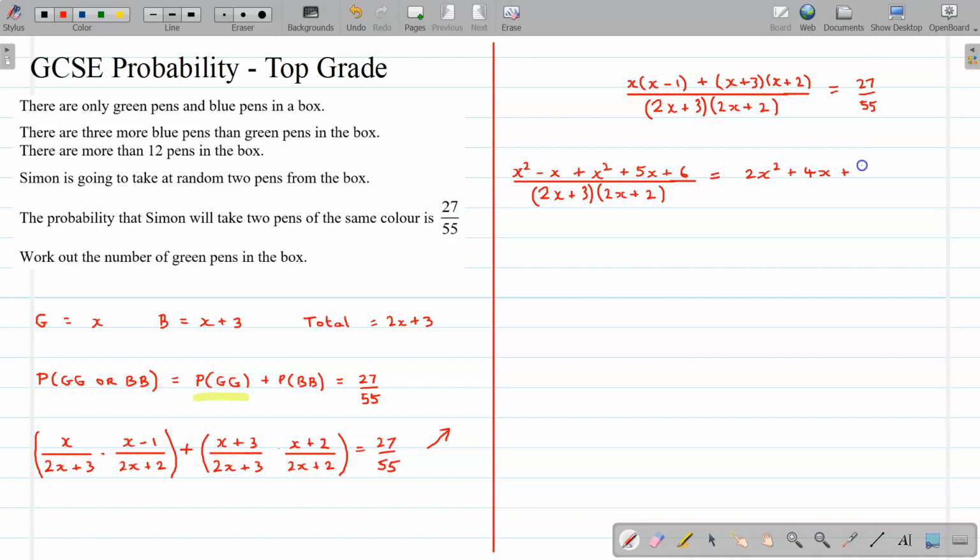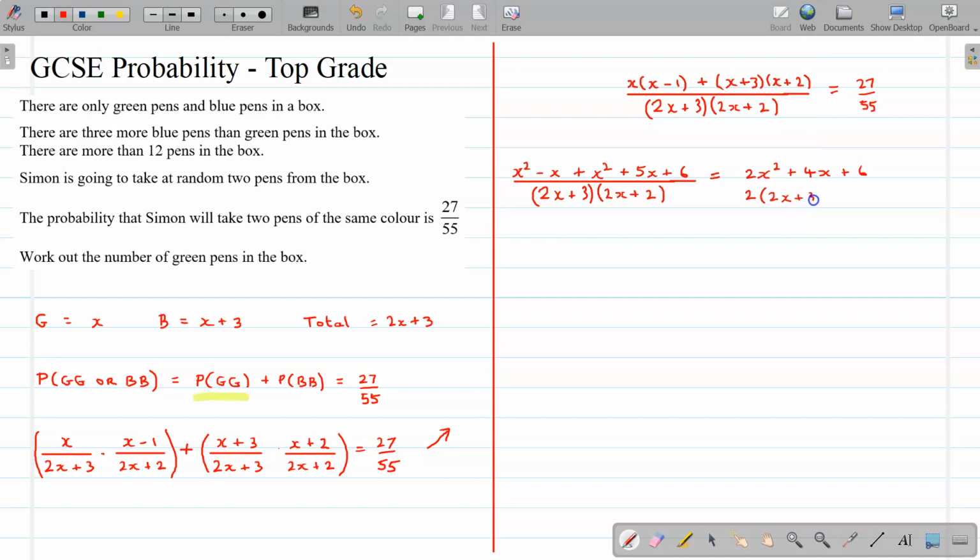Now you may notice that on the top there is a common factor of 2, and in fact on the bottom there's also a common factor of 2 in this second bracket, because this second bracket is like 2 lots of x plus 1, you see. So I'm going to write that as 2 lots of 2x plus 3.